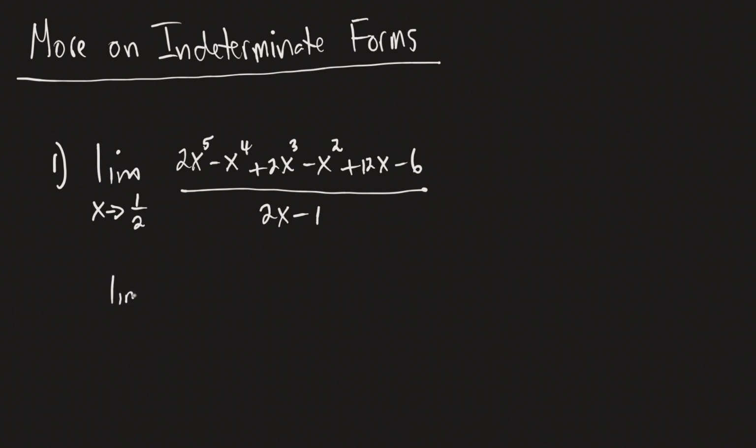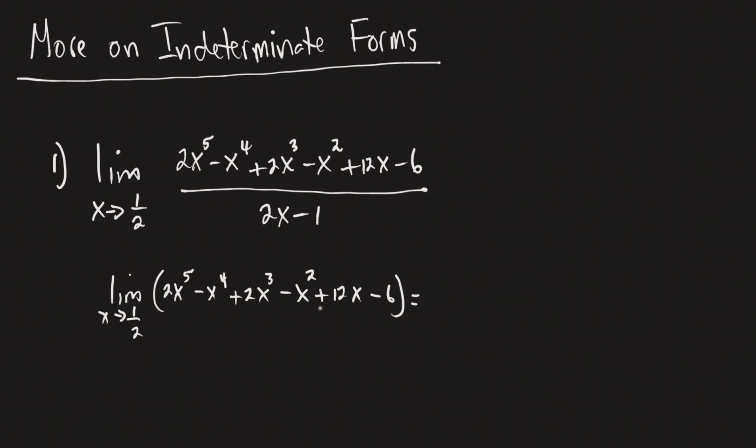So that means we have to take the limit as x approaches 1/2 of the numerator, and since that is one of our elementary functions, that is, it's a polynomial, then we can go ahead and try to evaluate it. So let's evaluate this.